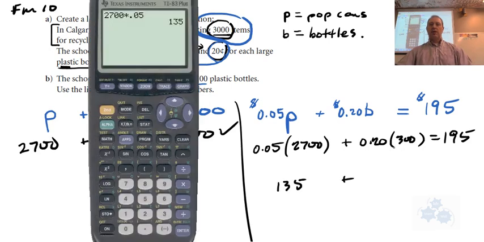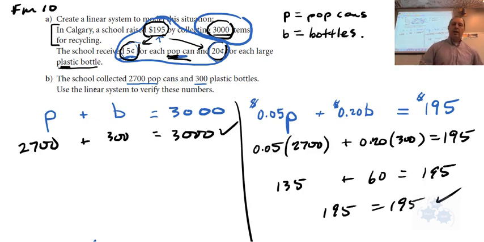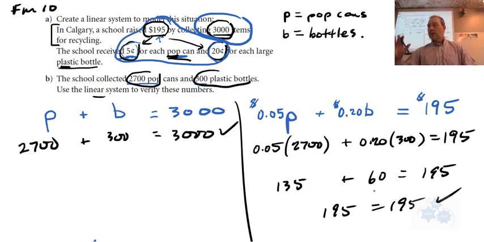And then the dollar amount for the bottles is 300 times 0.2, which is 60. Does that equal 195? It sure does. So use your system to verify that this is the right number of pop cans and bottles, and we've done that. That's how you do a question like that when you come across it in your assignment.